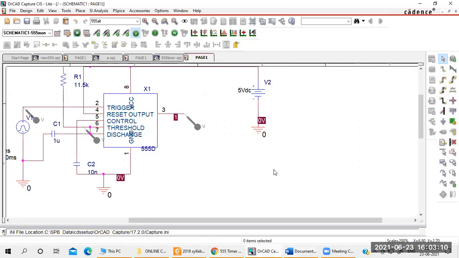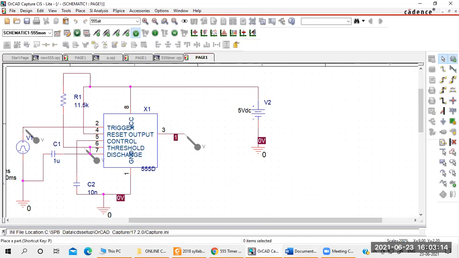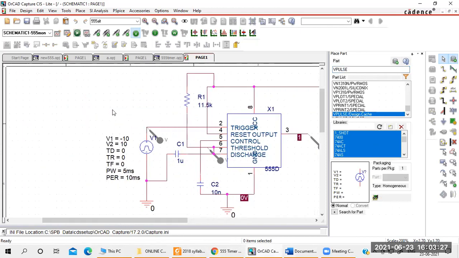So next, in the PSpice software, select the components and go to place part. Take V pulse. If you take a V pulse here, we can give the voltages like V1 is -10, V2 is +10, TD is 0, TR is 0, TF is 0, pulse width is 5 milliseconds, and PR is 10 milliseconds.